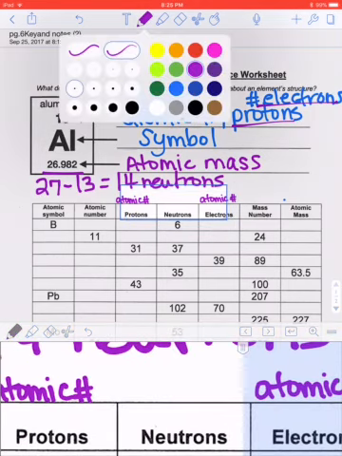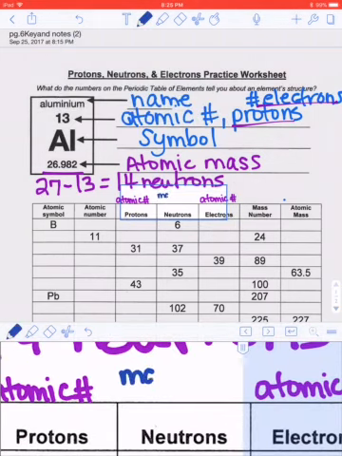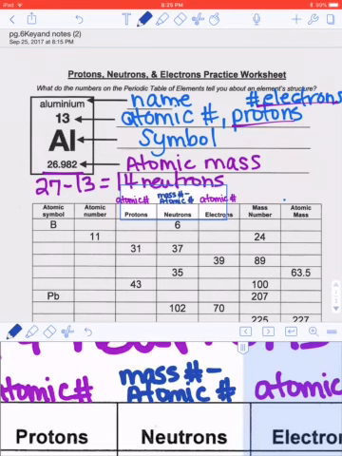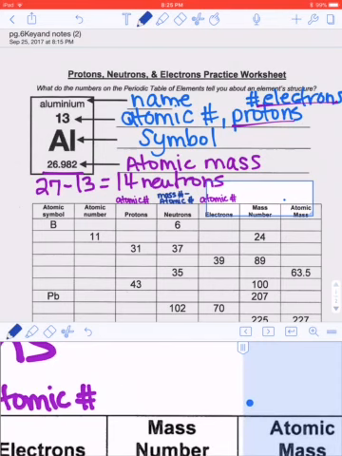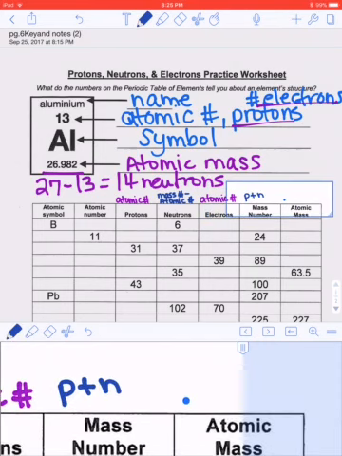To figure out neutrons, you do the mass number minus the atomic number. Okay, so the mass number is the number of protons plus neutrons, and the atomic mass you read from the table.